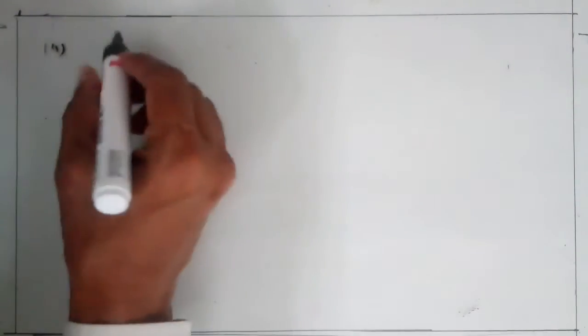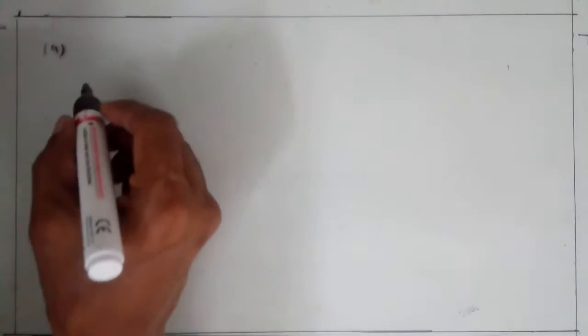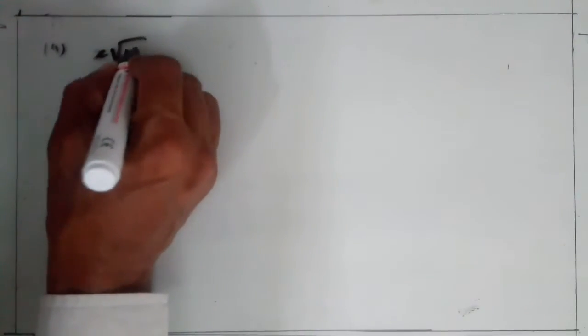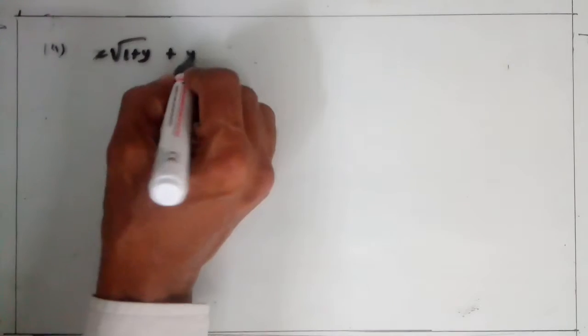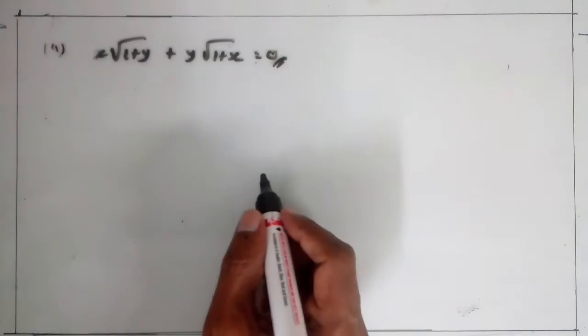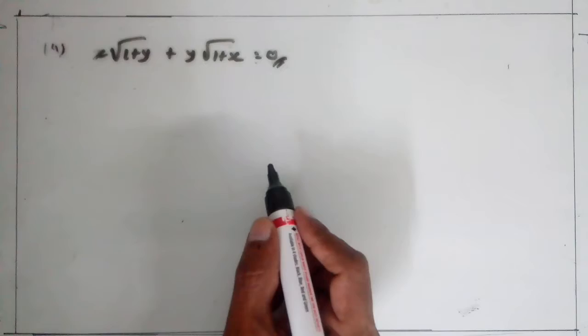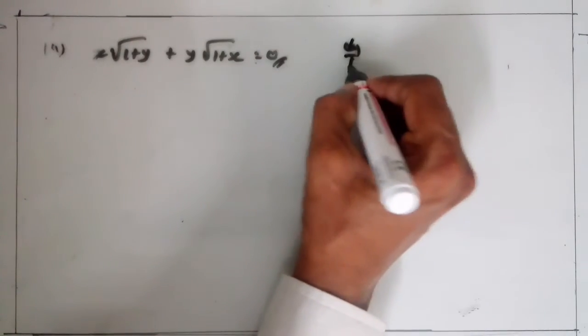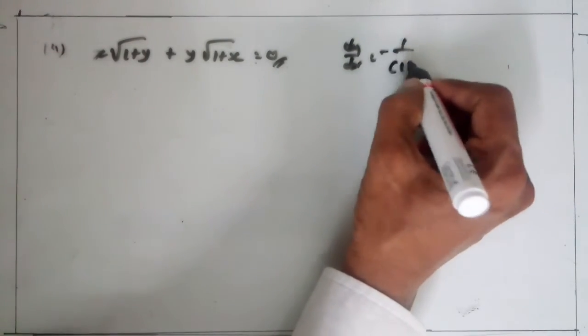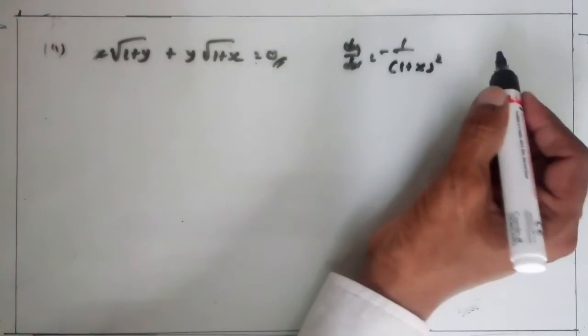In question number 14, if x into root of 1 plus y plus y into root of 1 plus x is equal to 0, then prove that dy by dx is equal to minus 1 upon 1 plus x whole square.